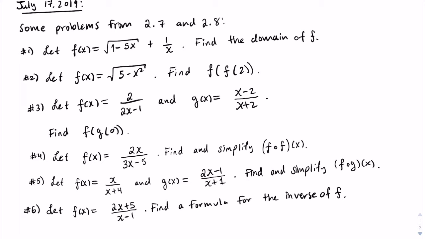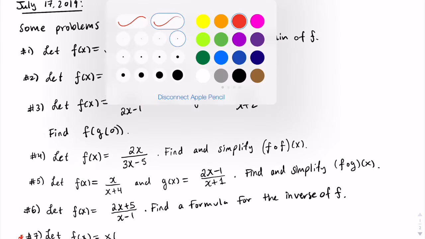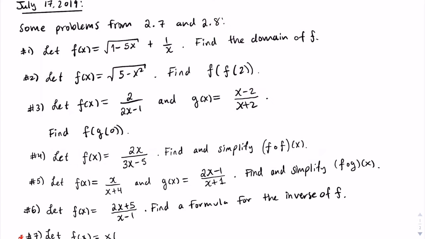And number 7, let f of x be equal to, say, x times, this is going to be a challenging one, so I'm going to put a star next to it. If you can't do number 7, it's fine, but if you get it, that would be great.